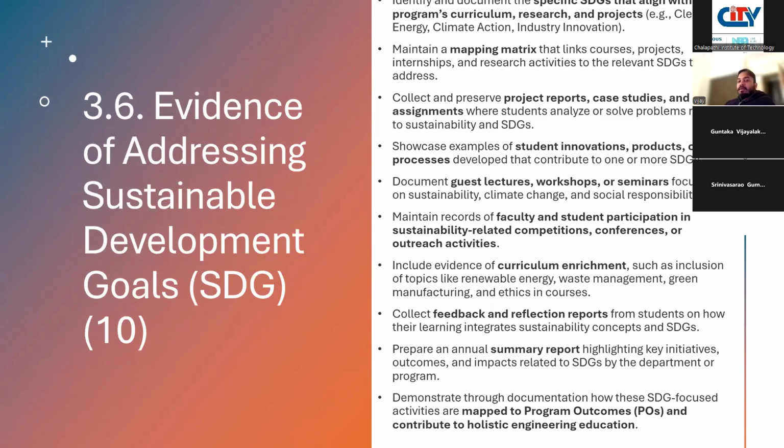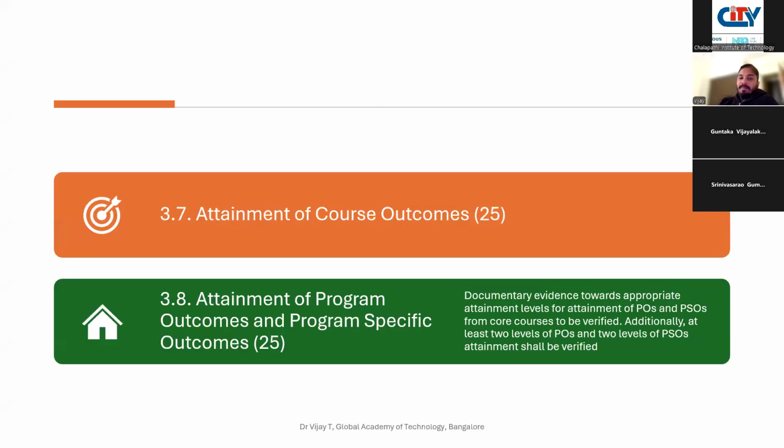Or are you doing any alternate assessment tools to measure the sustainable development goals? Or how is this being brought out and how you are being evaluated for SDGs should also be maintained in an appropriate manner. Then attainment of COs and attainment of POs complete 50 marks.